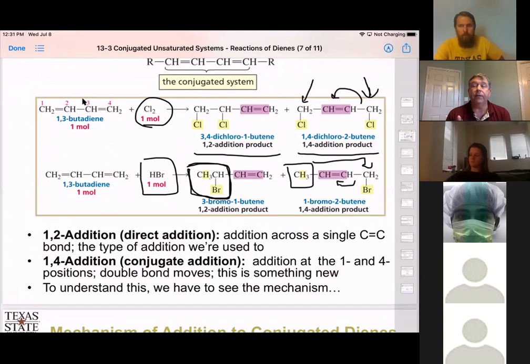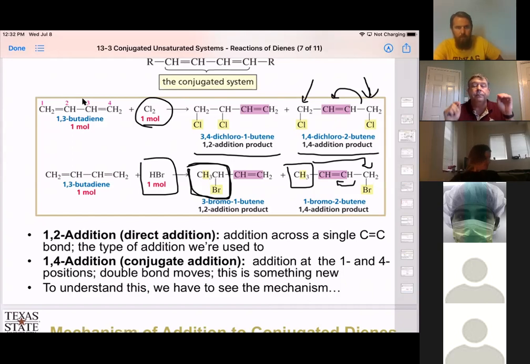That's reacting like every other alkene we've played with so far. But now we have a new thing happening. We have that 1,4 addition. We call that conjugate addition. And that conjugate addition happens because those double bonds are in conjugation with each other.